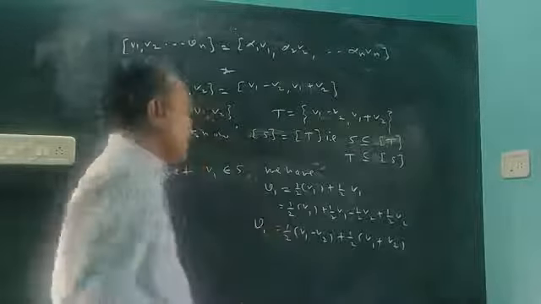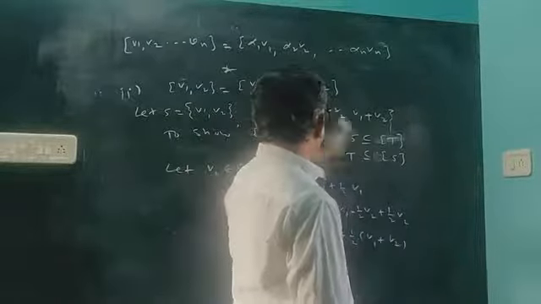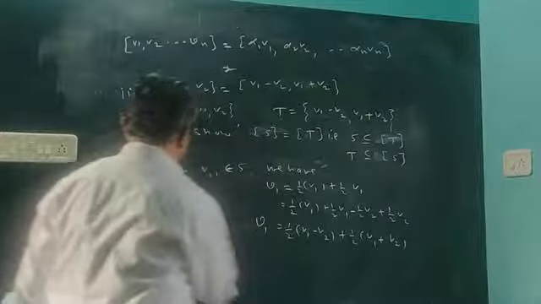So V1 is a linear combination of the first element of T and the second element of T.